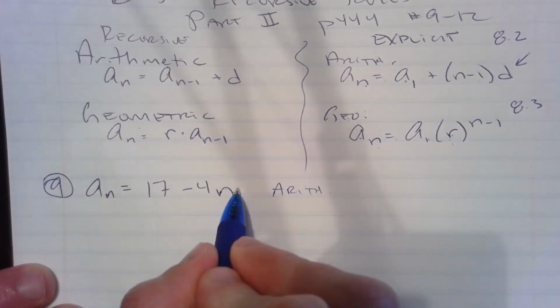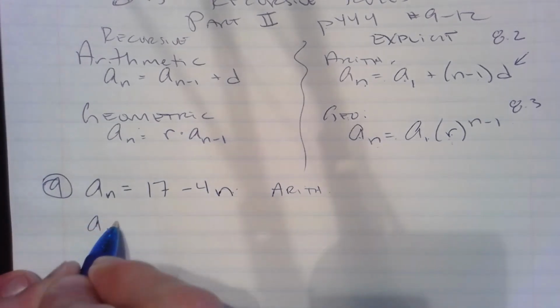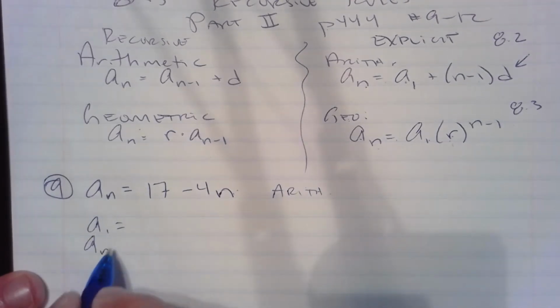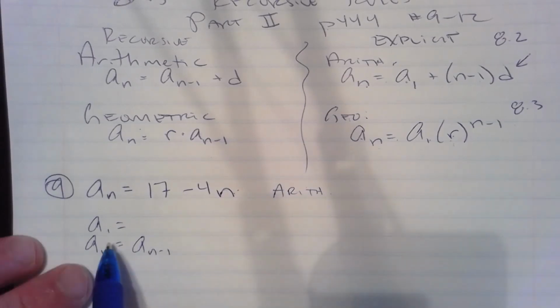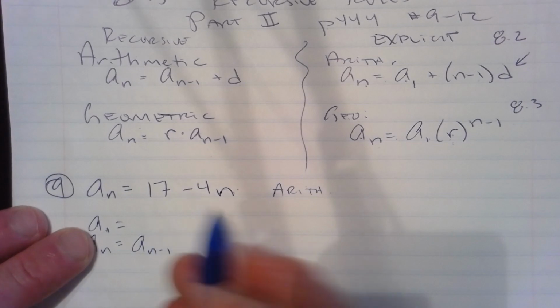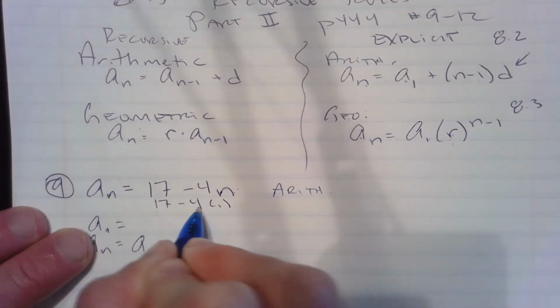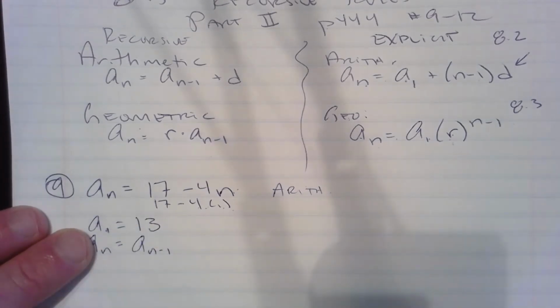This is the explicit rule, and it's asking me for the recursive rule, so I need to figure out a sub 1. For a sub 1, we plug in 1. So 17 take away 4 times 1. 4 times 1 is 4, 17 take away 4, so a sub 1 is 13.